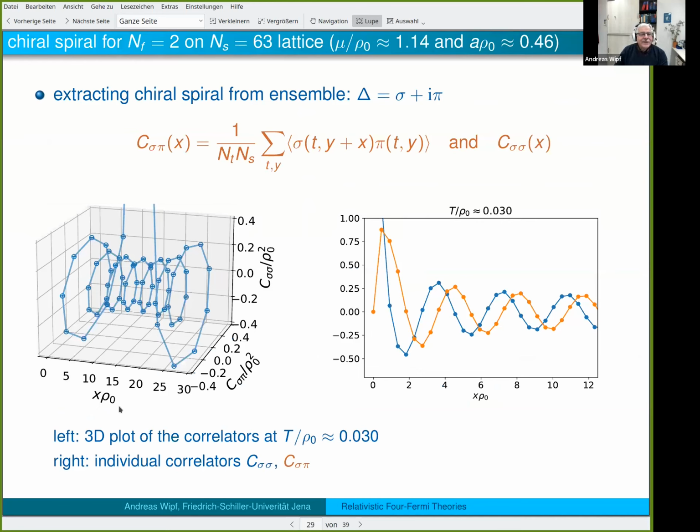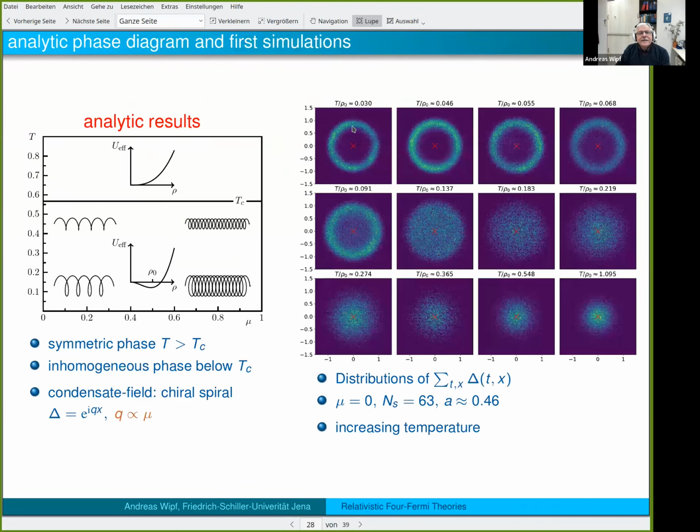What we have shown here are these correlators. Again, you have to think about correlators which catch the inhomogeneous structures. So these are now correlators between the sigma and the pi field. The structure is again the same, the space-time structure. And you can do the same with the sigma and sigma field. You can convince yourself these two correlators should catch really this ring structure.